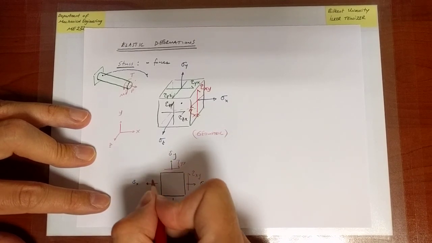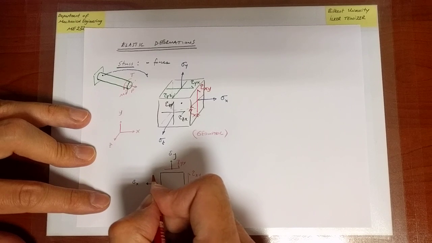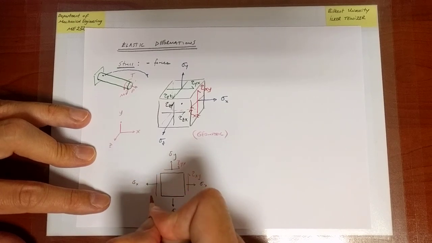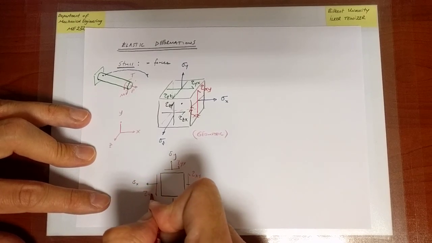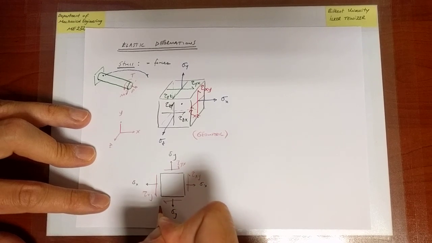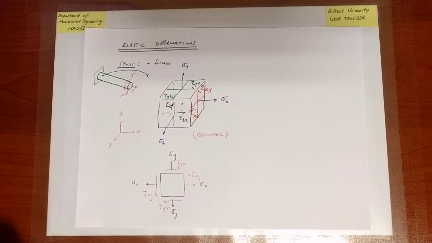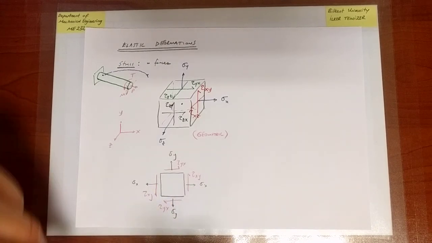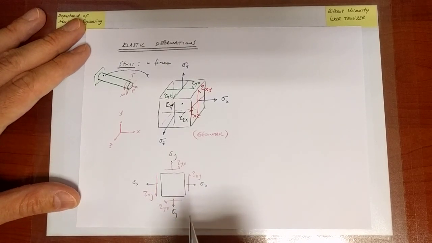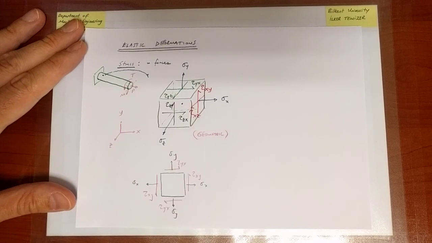And the stress components on the opposing faces are equal in magnitude and opposite in direction. So that's going to be tau xy. This is going to be tau yx. So that's a 2D analogy without worrying about the third dimension. Okay, so that's our state of stress.